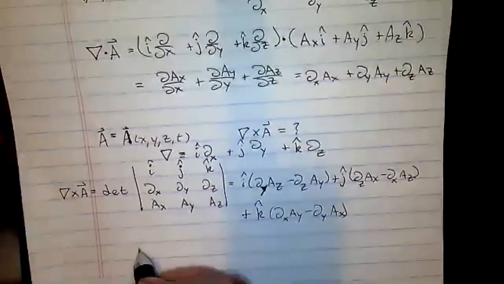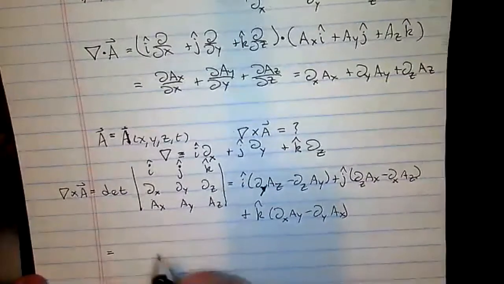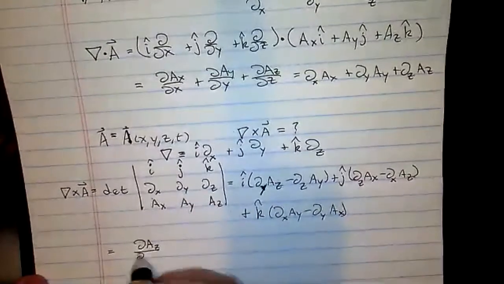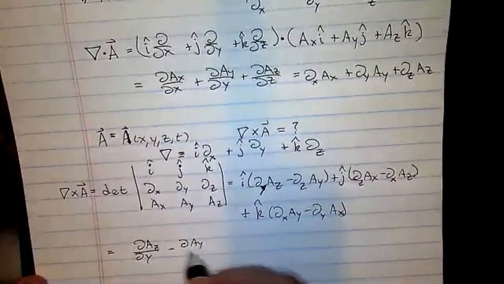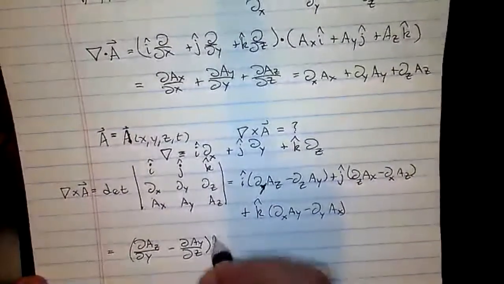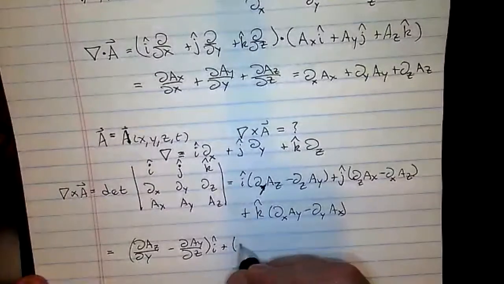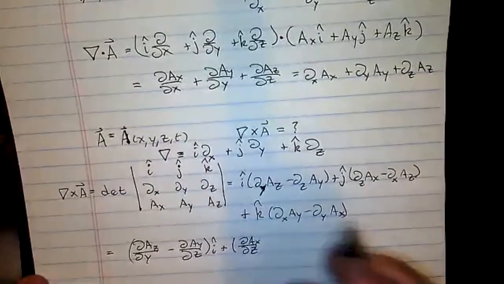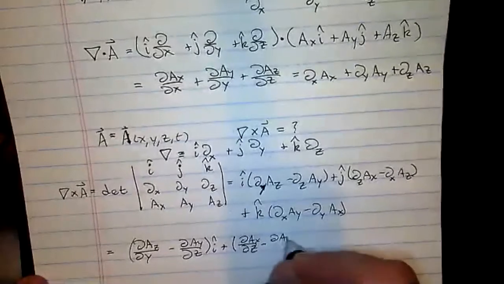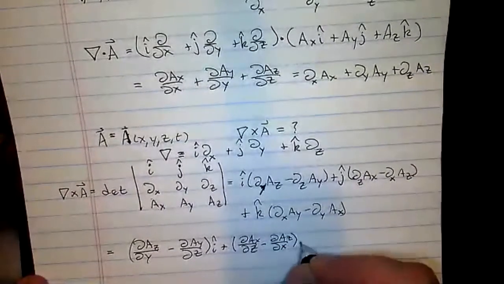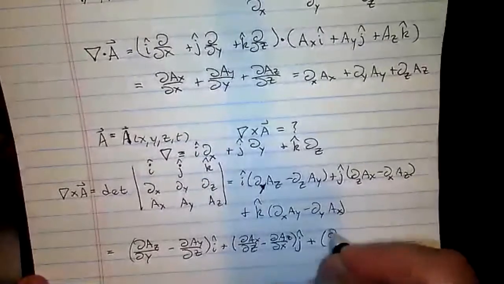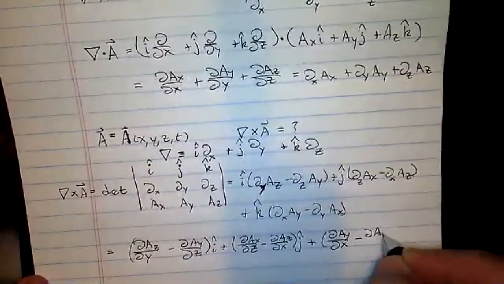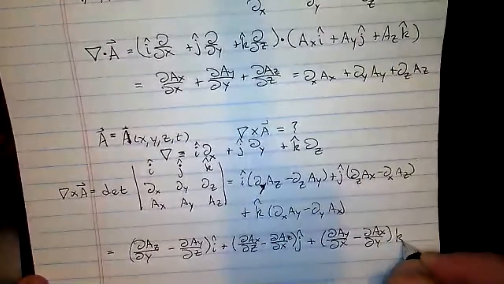Or writing it in its full gory details, it would be partial of A sub z with respect to y minus partial of A sub y with respect to z, i hat, plus partial of A sub x with respect to z minus the partial of A sub z with respect to x, j hat, plus partial of A sub y with respect to x minus partial of A sub x with respect to y, k hat.